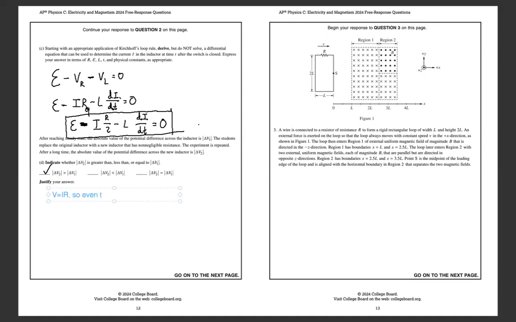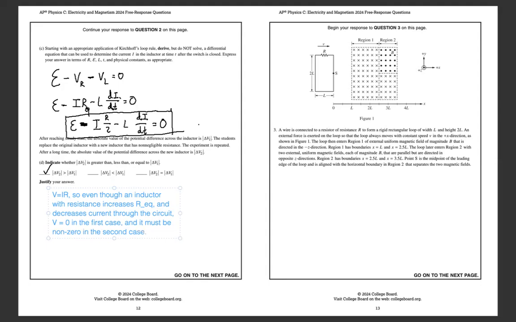So even though an inductor with resistance increases equivalent resistance and decreases current through the circuit, V is equal to 0 in the first case, but it must be non-zero in the second case. Yeah, there you go. So it has to be greater in the second case.